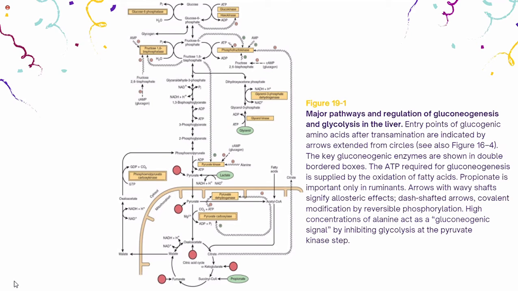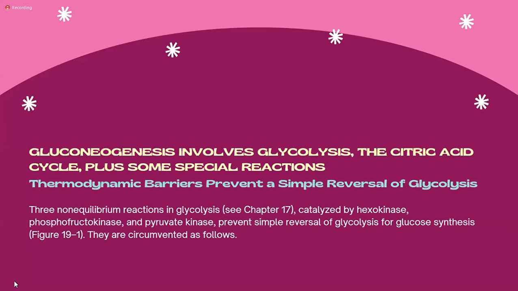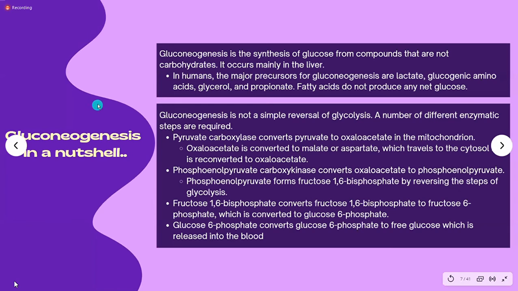Okay. So to go back, it's here. Gluconeogenesis in a nutshell. So what is this? First, the precursors: lactic acid, glucogenic amino acid, glycerol, and propionic acid.